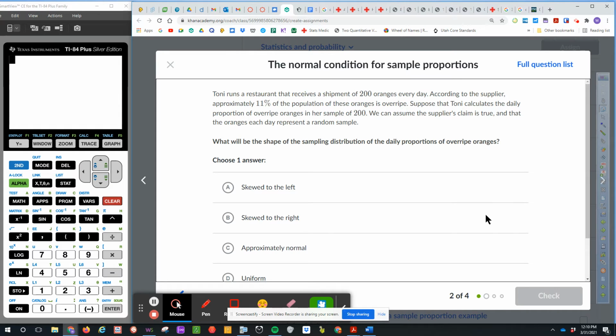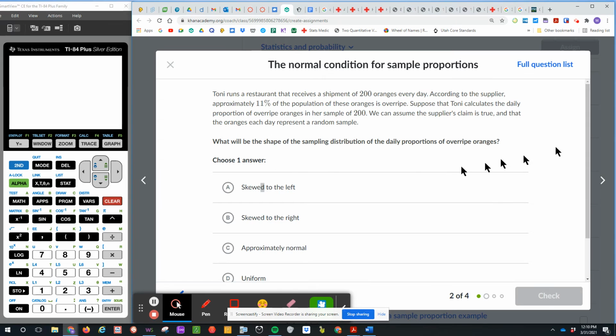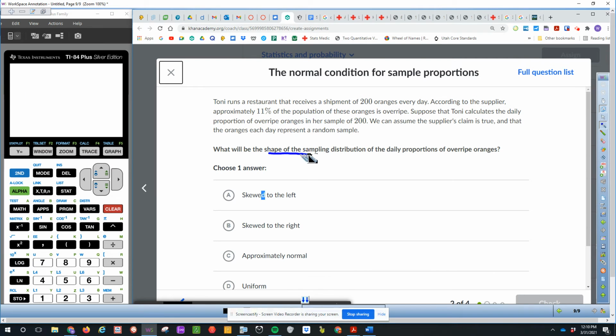We can assume the supplier's claim is true and that the oranges each day represent a random sample. So here, they ask you again, what's the shape of the sampling distribution? Is it skewed left, skewed right, normal, approximately normal, or uniform?